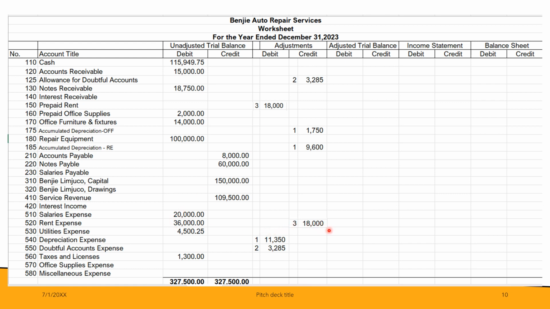So in that case, you have the debit 36,000 under the unadjusted trial balance, and you have an adjustment of 18,000 credit. So your rent expense at the end of the accounting period is now 18,000, which is the correct amount of rent expense. And at the same time, you recorded the unexpired portion of rent, which is also equivalent to 6 months, and that is also 18,000.